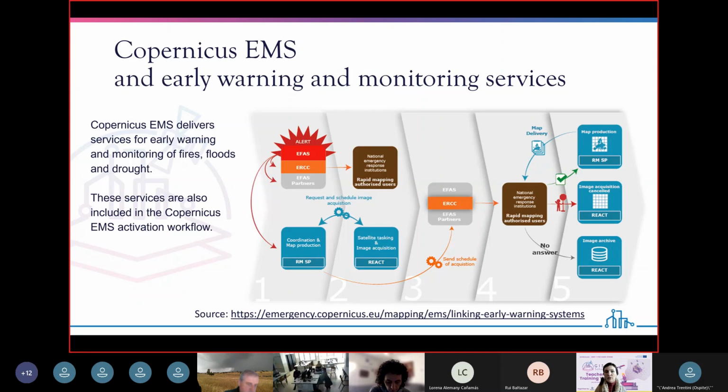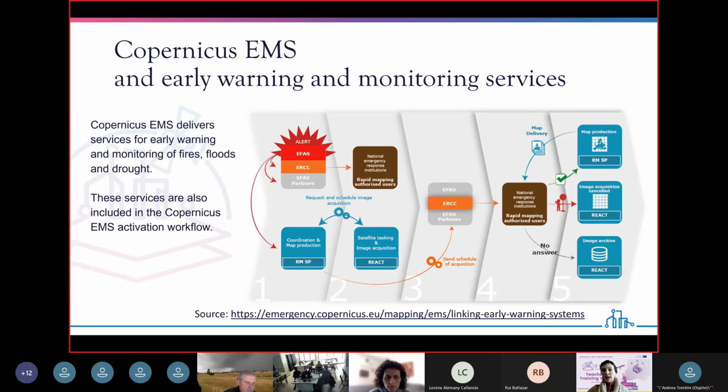These are monitoring services which work on a semi-automatic procedure. Most of it is automatic, but of course there are operators overviewing them, which provide information about floods, fires, and drought.